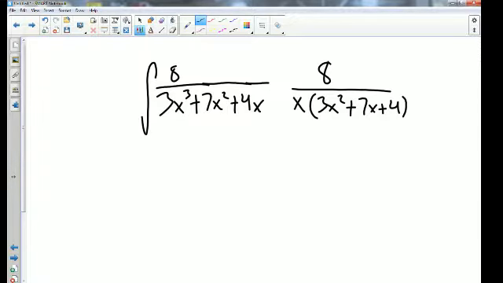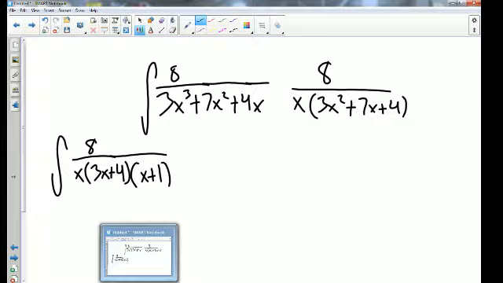Then you factor this one out, and you'll get the integral of 8 over x times 3x plus 4 times x plus 1.